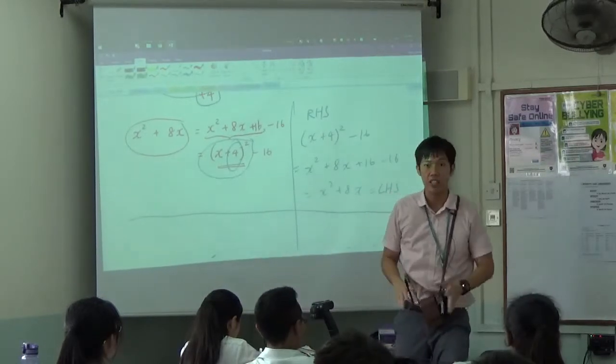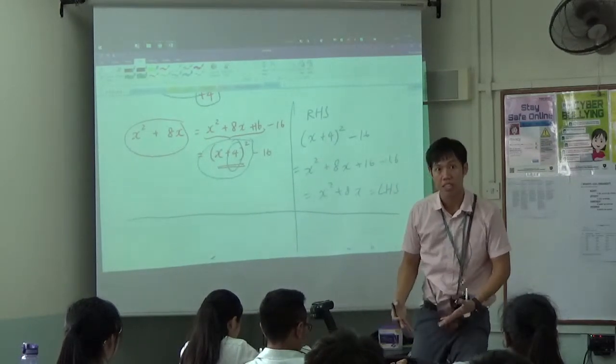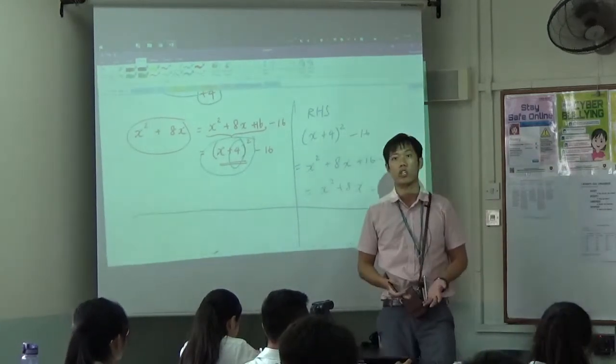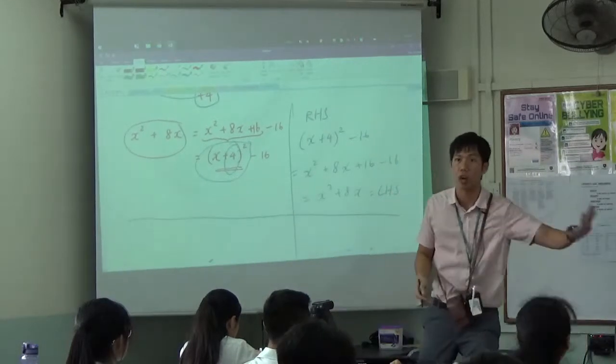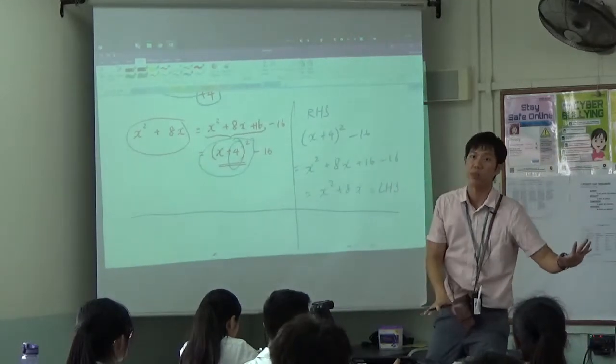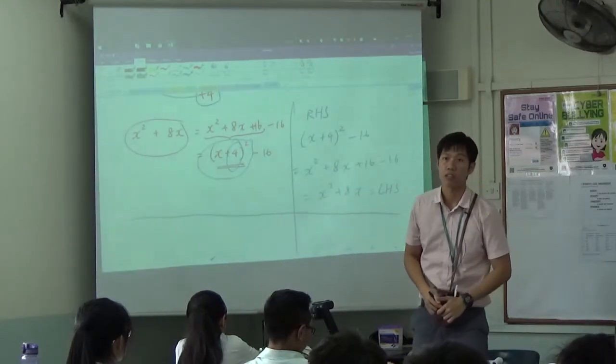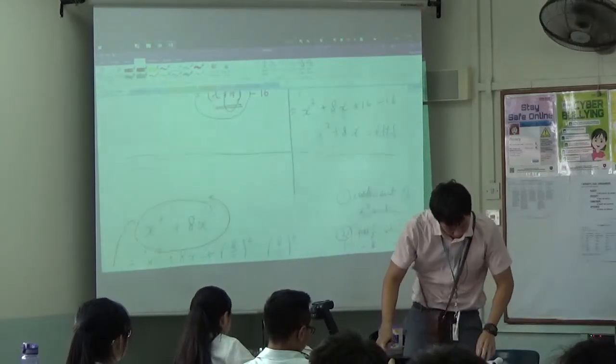So to simplify things, we've come up with a process, which is to make sure that the coefficient of x squared is 1. And in the event that the coefficient of x squared is not 1, all we need to do is to factorize the value out. Then we do everything the same again. At the end of it all, we multiply the factor of 2 back in again. Alright, your turn to try it.